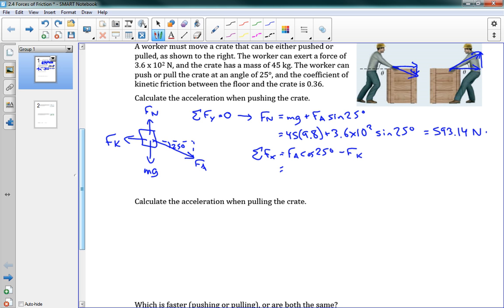And I can plug in some values for this here, so I have 3.6 times 10 to the 2 cosine 25 degrees minus my kinetic friction. Well, I'm just going to write up here Fa cos 25 degrees minus, and I'm just going to expand this a bit. So Fk was mu k Fn.